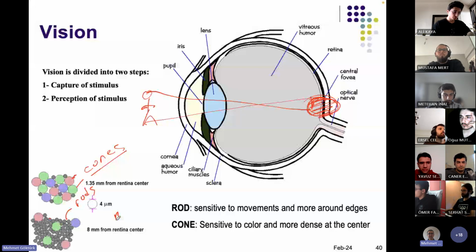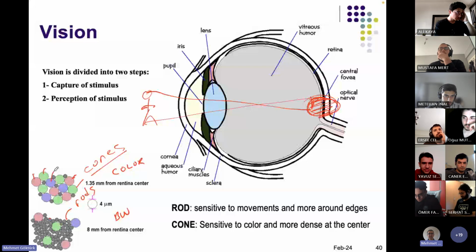That's why we say primary colors are made up of red, green, and blue. So it's this area that receives the light, and the backside processes and sends information to the human brain.